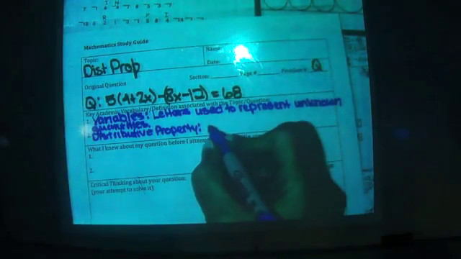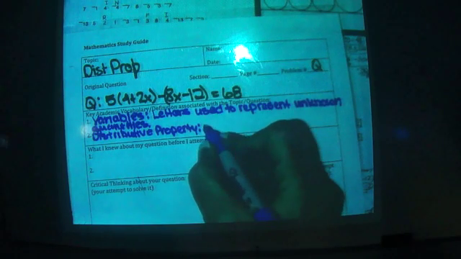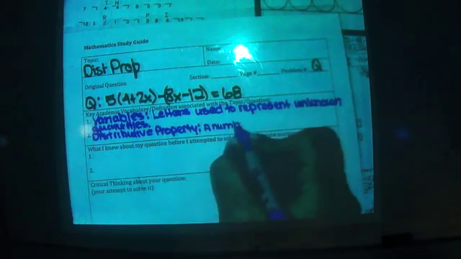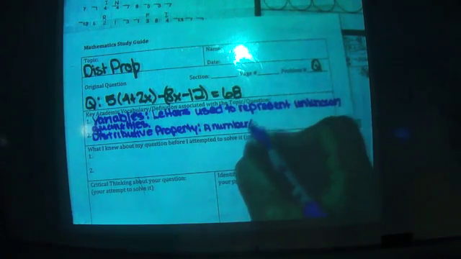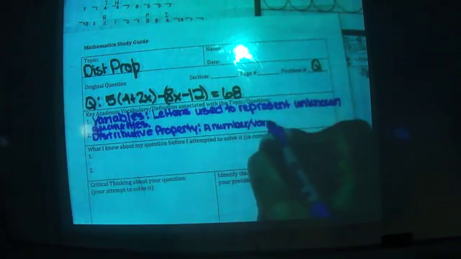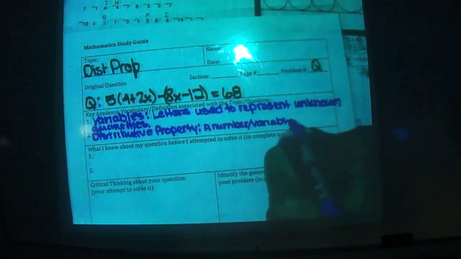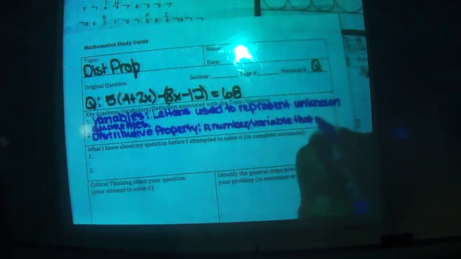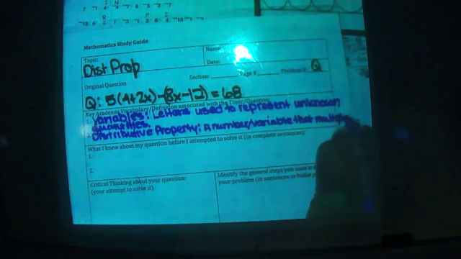It's going to multiply a number that multiplies what? A number or variable, because it could be a variable out there, couldn't it? What does it multiply with?